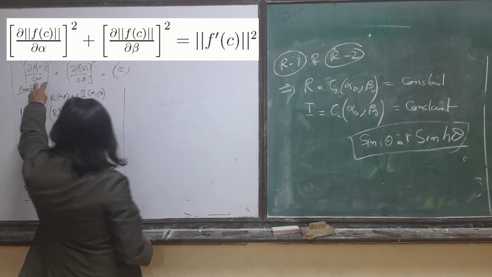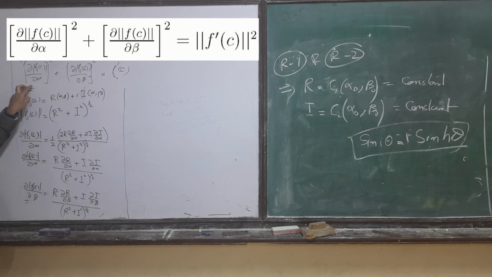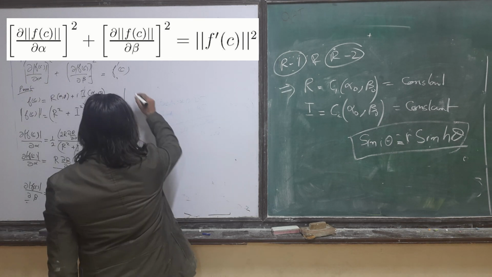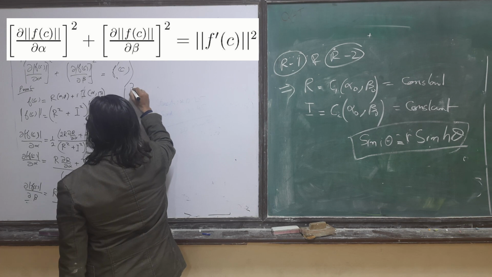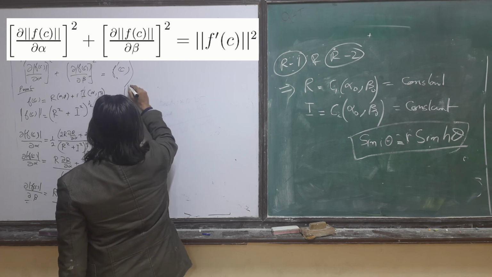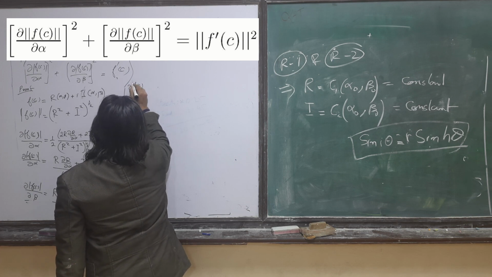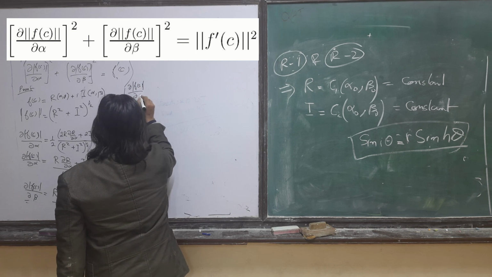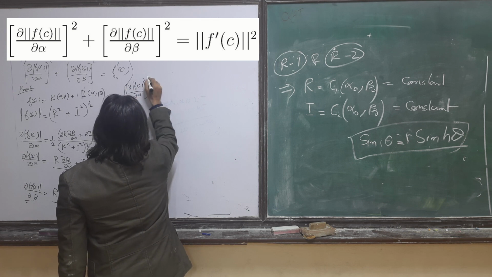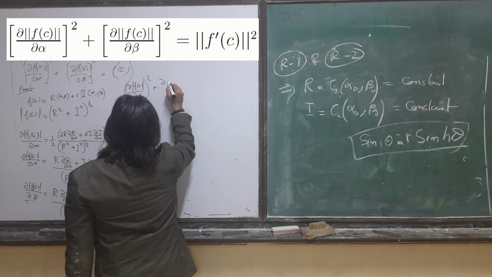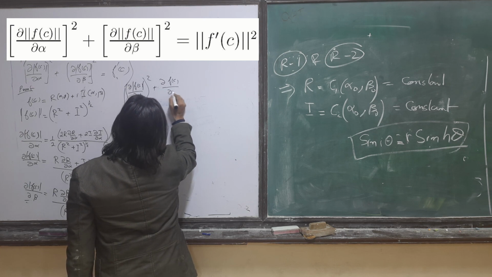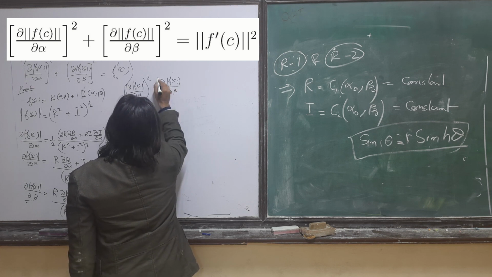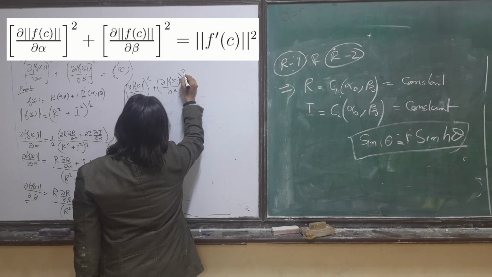Okay. Now we have to add them by taking the square. So what will be the magnitude: partial F(c) over partial alpha squared plus partial F(c) over partial beta squared.